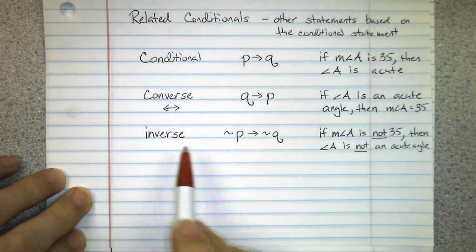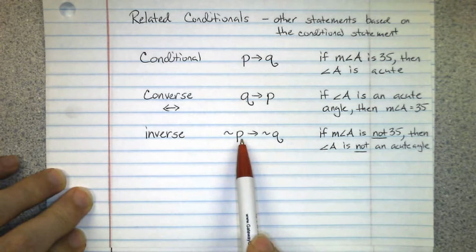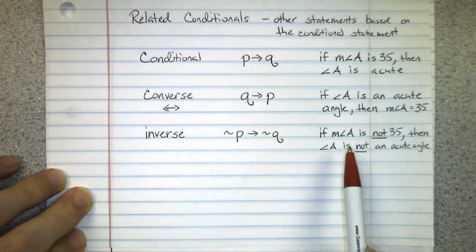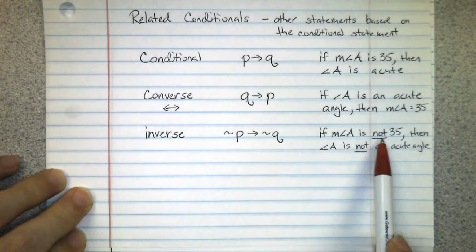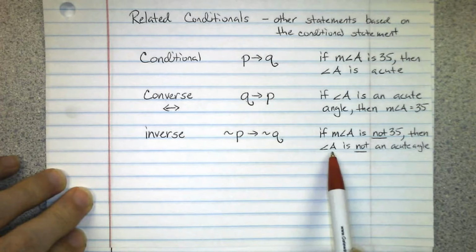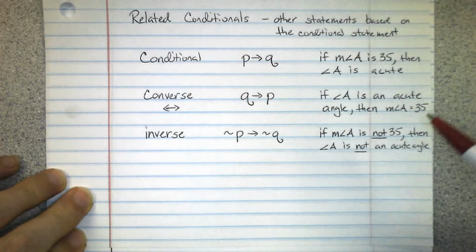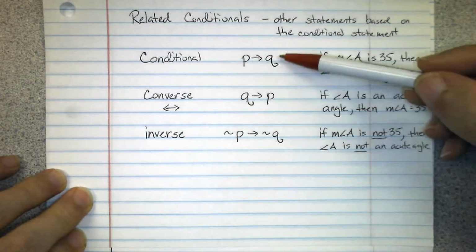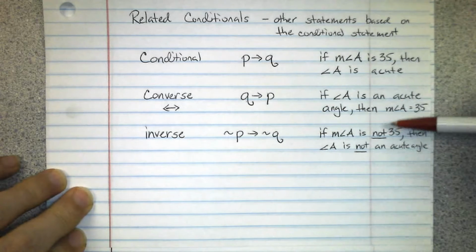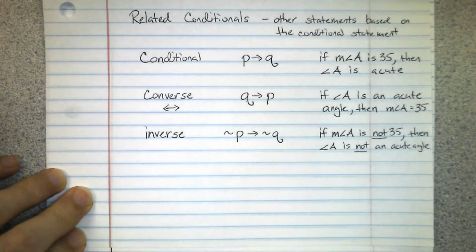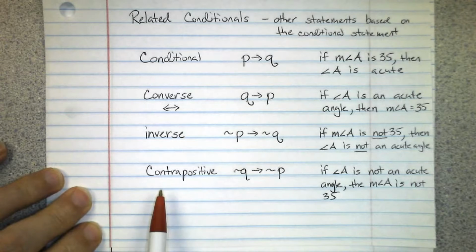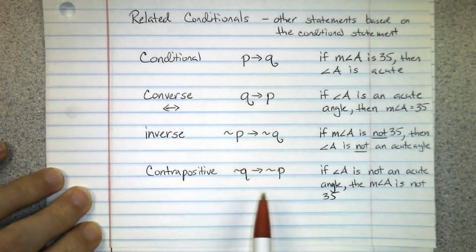Next we have the inverse. Remember the symbol? If not P, then not Q. So if the measure of angle A is not 35, then angle A is not an acute angle. See how these are related? Last one, contrapositive.